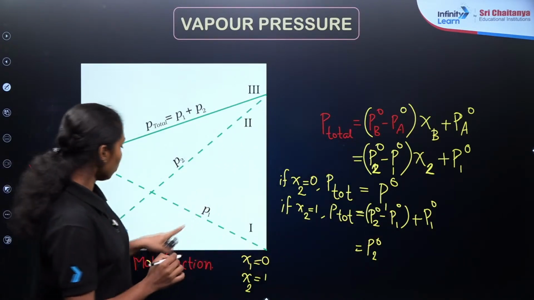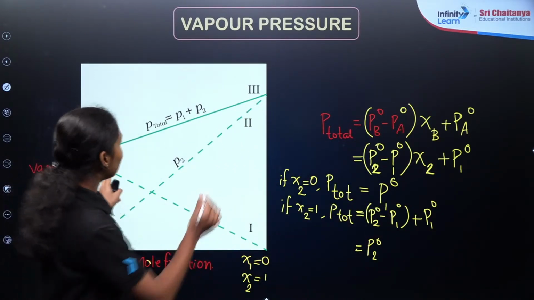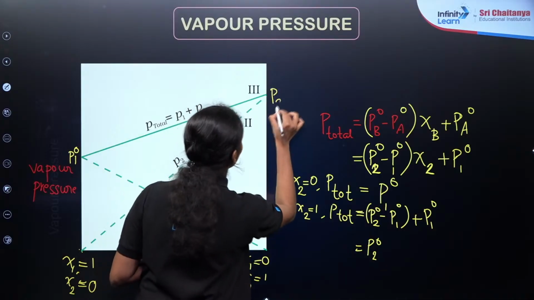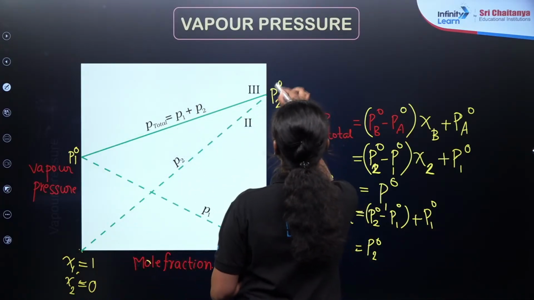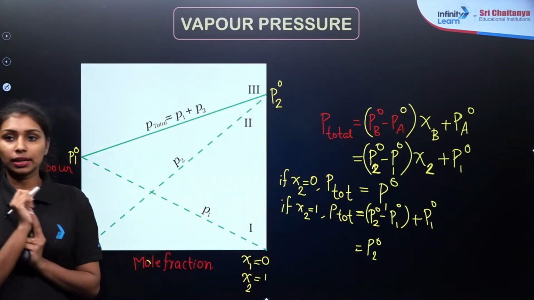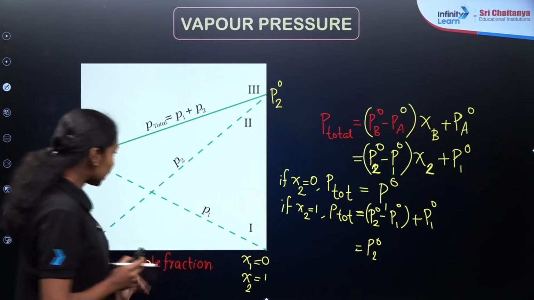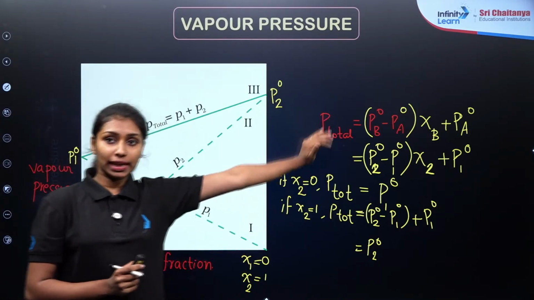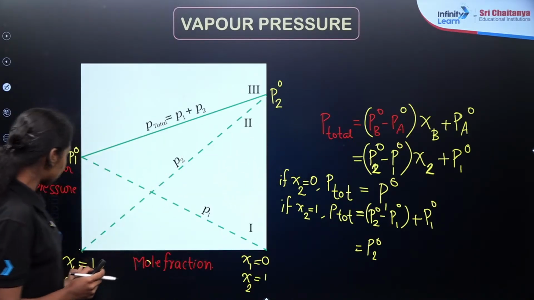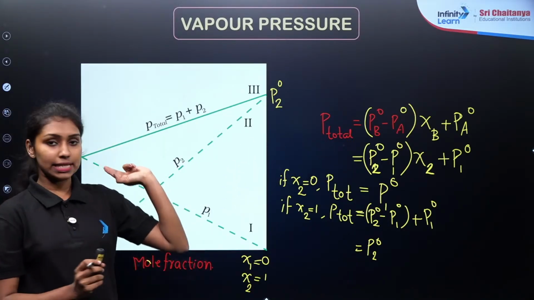So you can observe here, the value will be P20 here. Clear how we can draw this graph? Just apply the values of chi1 and chi2 in this particular equation, then you will get P total as P10 in the first case and P20 in the second case, right?